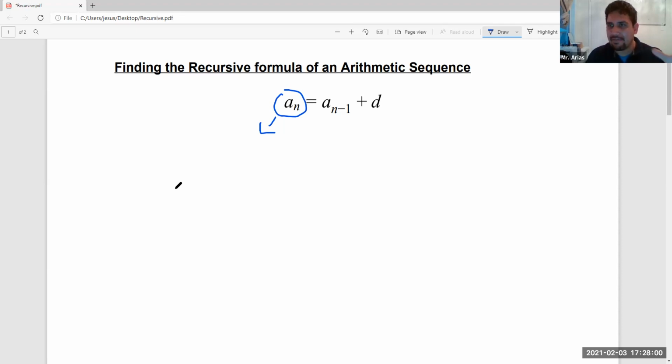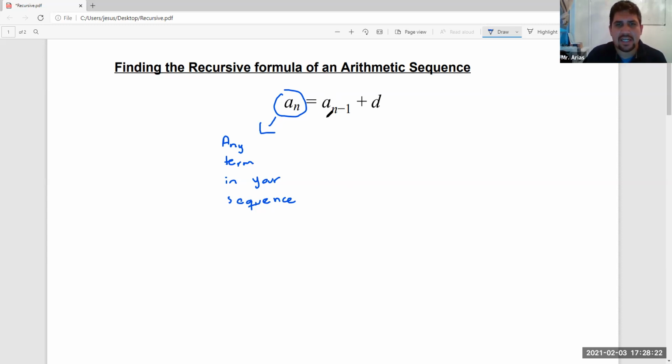It's technically the value of that given term in your sequence. So this is any term in your sequence. Okay? And when I say the term, I actually mean the actual value of that given term in your sequence.